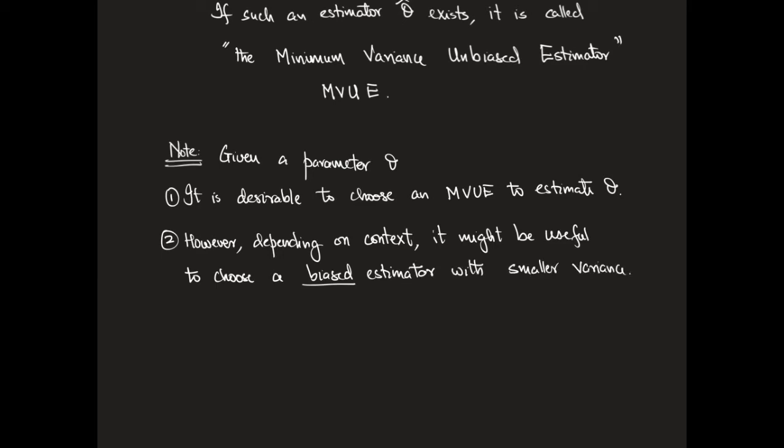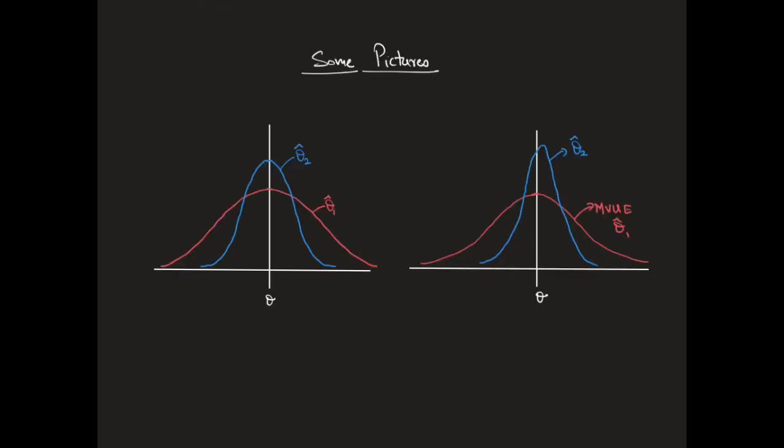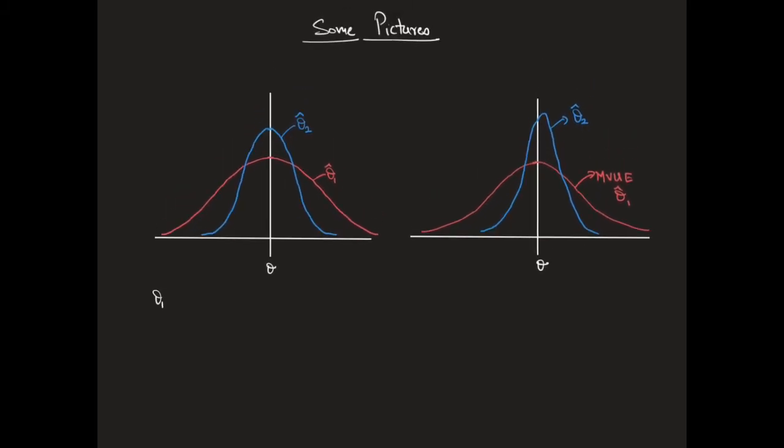Just to have a pictorial view of what is happening, look at the following two pictures. The picture on the left is an example where we have two unbiased estimators, and the variance for the blue estimator is less than the variance of the red estimator. So we would want to choose the blue estimator as our estimator of choice if we were to choose between these two estimators.